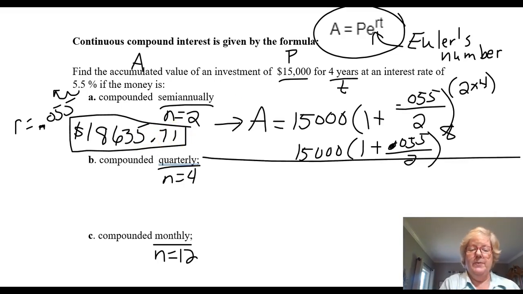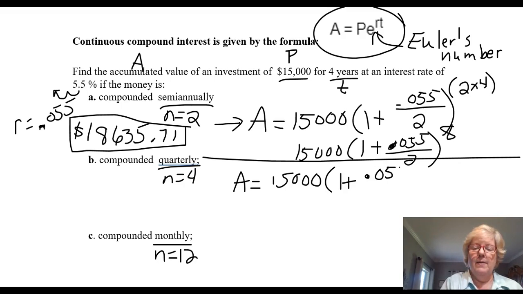It's quarterly. It will be set up the same way, except the compounding period would be 4 for quarterly. So everywhere I had a 2 before, I will now put a 4. That means that this exponent is actually going to be 16.